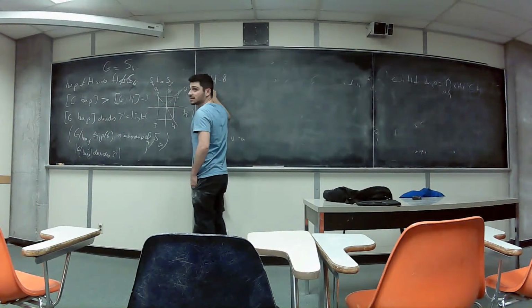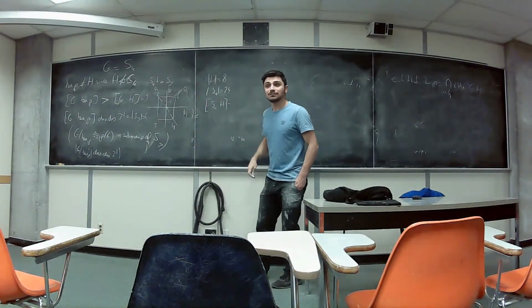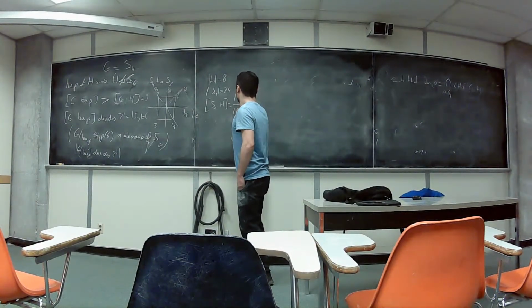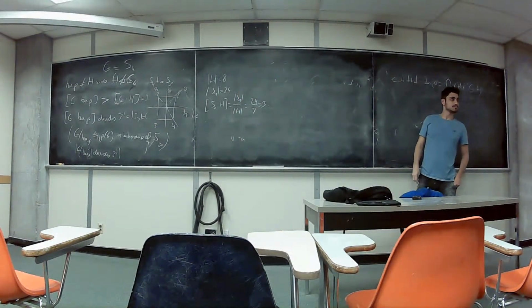Okay. What is the size of S4? What is the index? How many left cosets do you have? Is that clear?